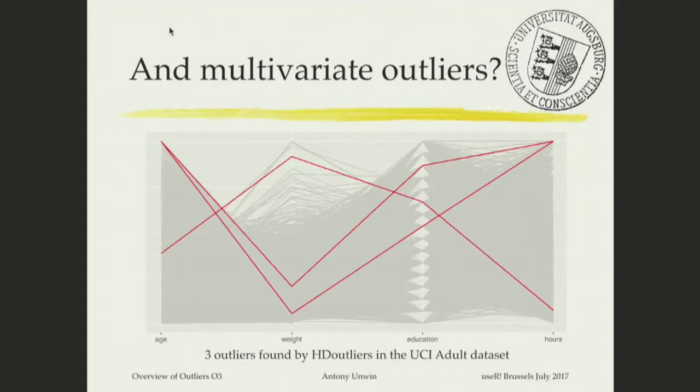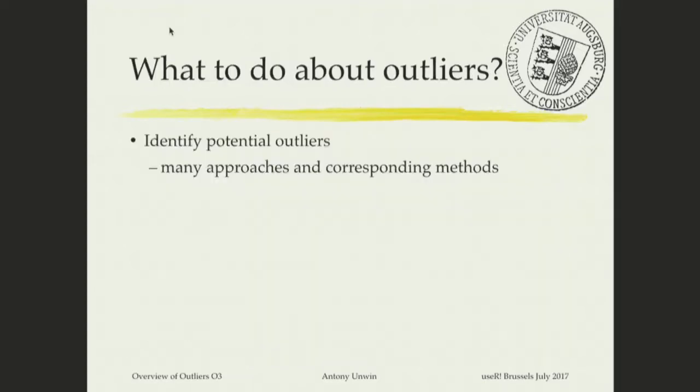But you can also see that 2 of them look like they're outliers on age and hours, and possibly if we just looked at the 2 dimensions together, we'd find those outliers on those dimensions alone. We wouldn't need 4. And the third outlier looks pretty outlying. It's not the most outlying, but pretty outlying on the variable weight. So maybe high-dimensional outliers are very often also low-dimensional outliers. So that's something to think about as well.